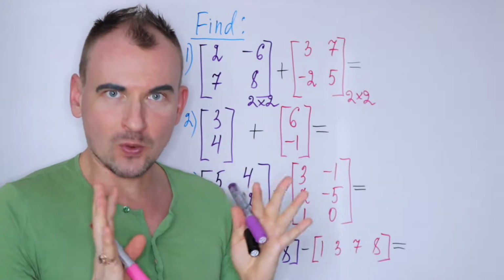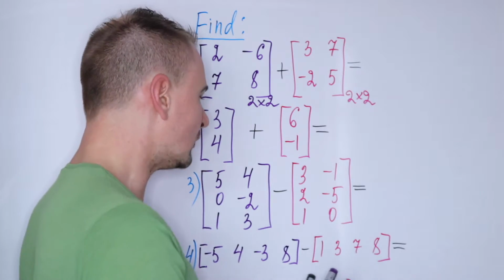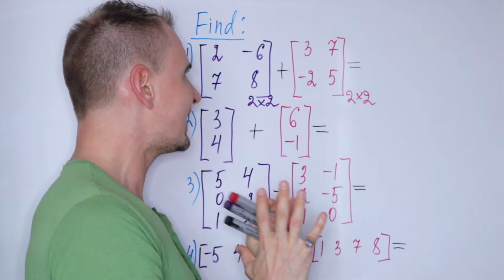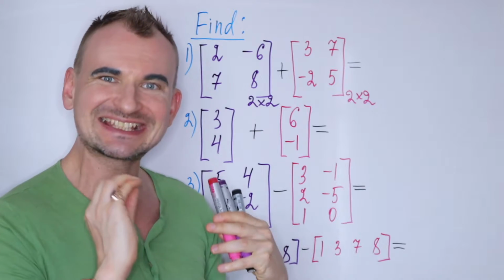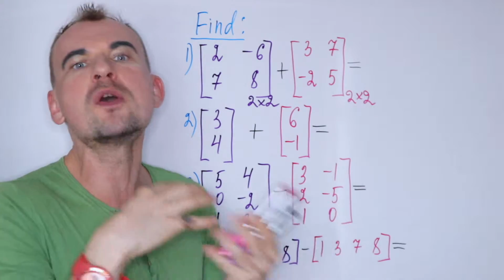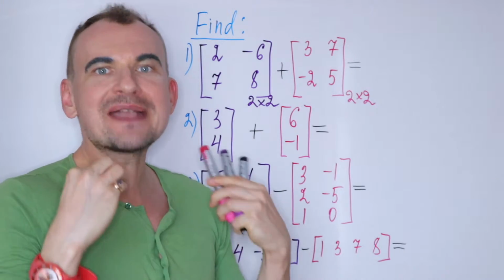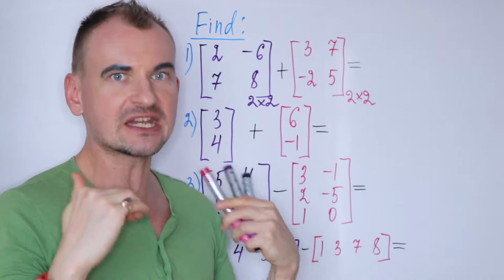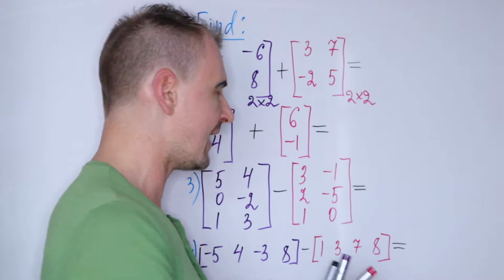Otherwise, we are not able to add or subtract matrices. Now, in order to subtract or add two matrices, all you do is just add or subtract the corresponding elements, or integers, and place this sum into corresponding spots in the resulting matrix. I will show you what I mean by that.